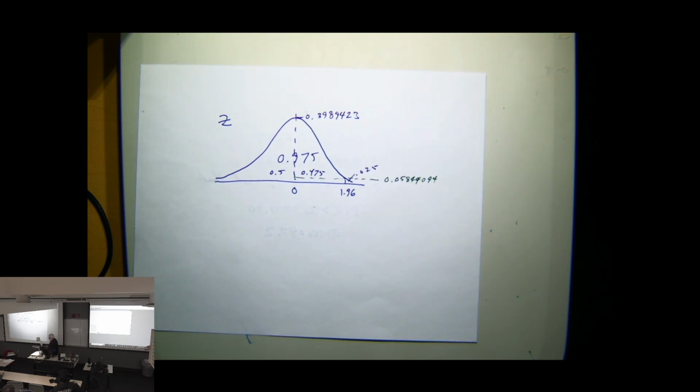Okay, so d-norm simply gives you the height of the density curve, and it's simply scaled so that the total area under the curve is equal to 1. Okay, is it useful to you? In most situations, no. The ones that you're going to use are the p-norm and the q-norm.